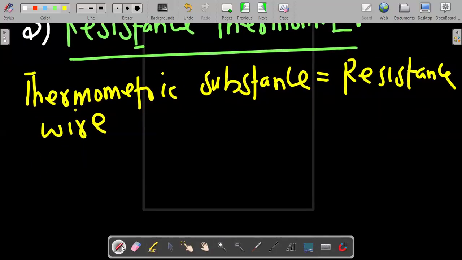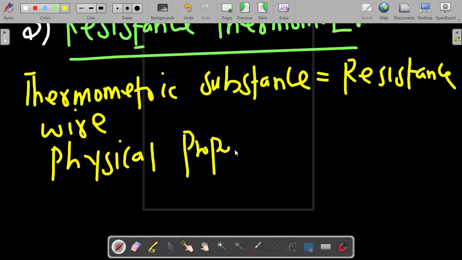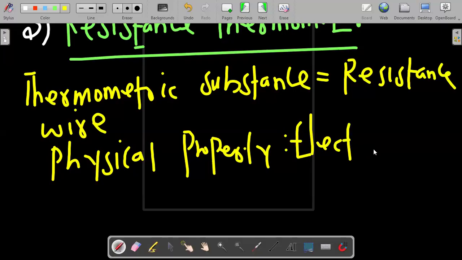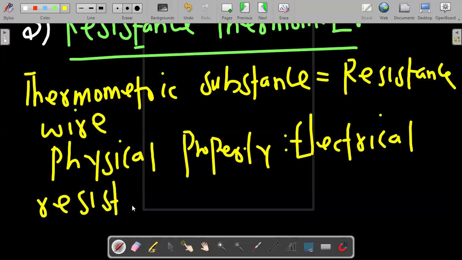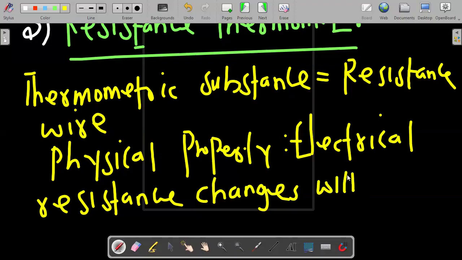Then the physical property is that electrical resistance changes with temperature. Electrical resistance changes with temperature.